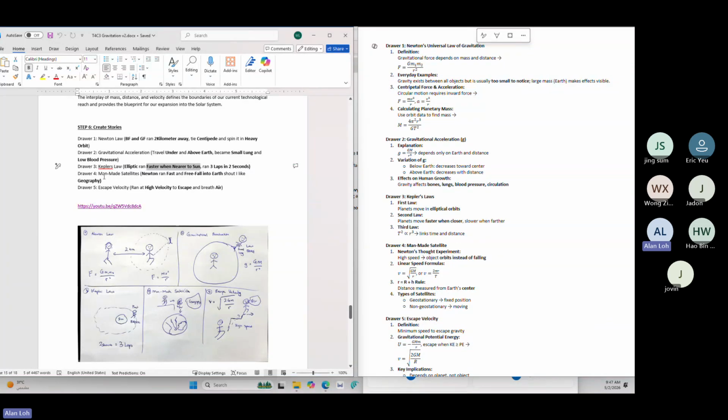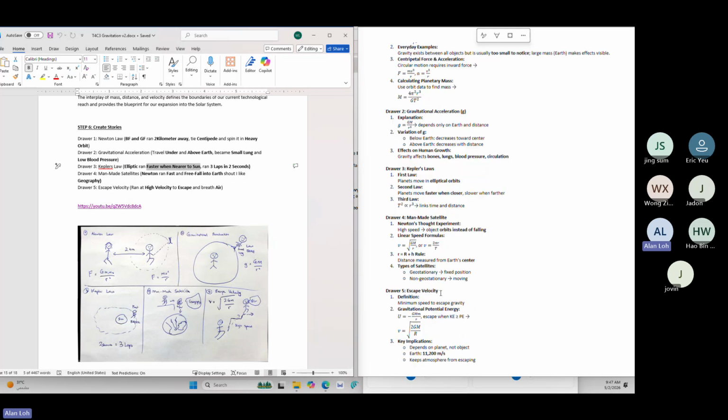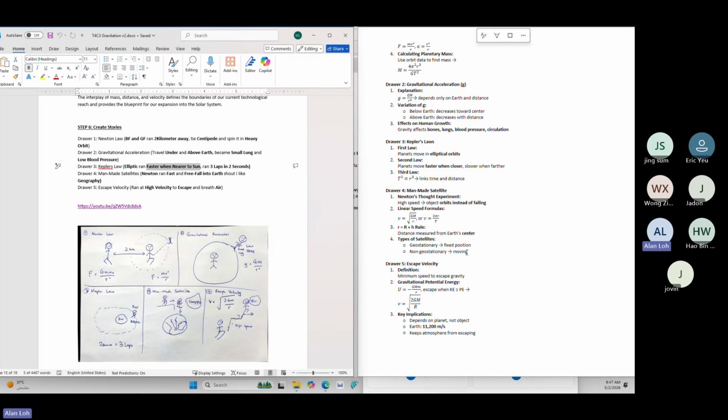Right, drawer number 4, Newton ran fast and free fall into Earth. Shout, I like geography. Right, so this is the picture. How do I relate this to the keywords? The key messages are the experiment of Newton, then the linear speed.